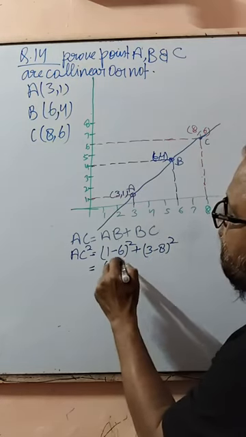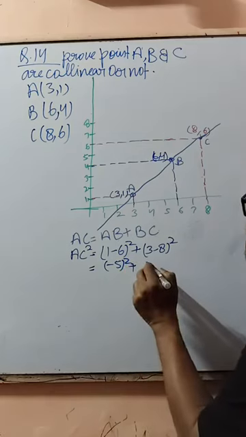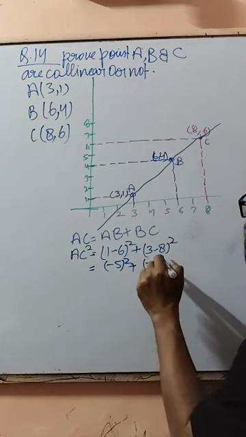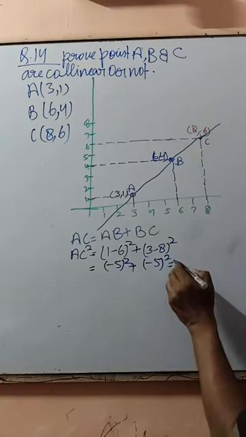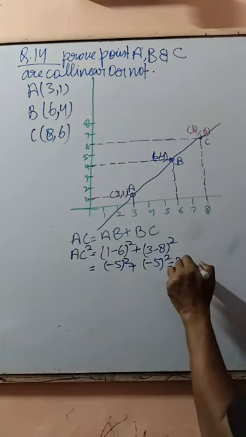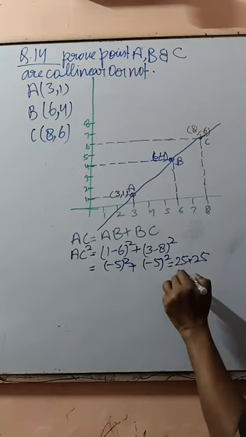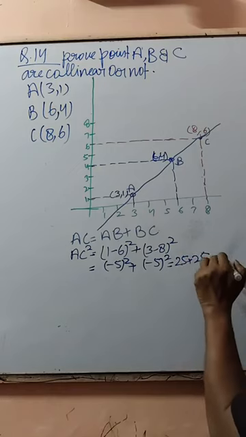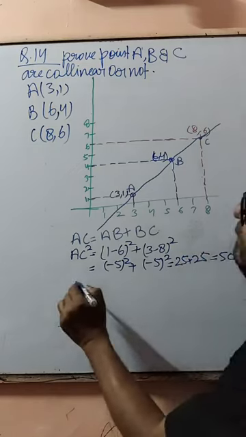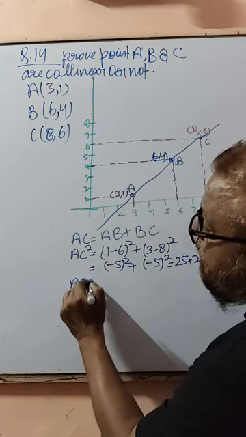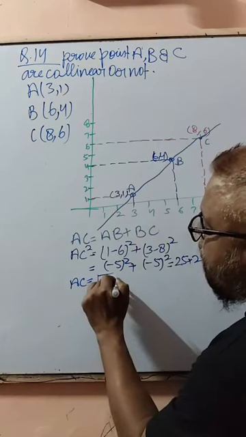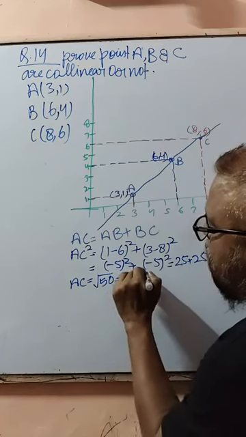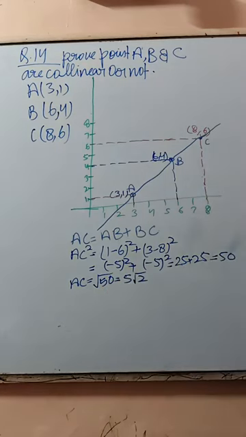Minus 5 whole square plus minus 5 whole square. So it becomes again 25 plus 25. It becomes 50. So AC is equal to root 50. So we can write 5 root 2. AC is 5 root 2.